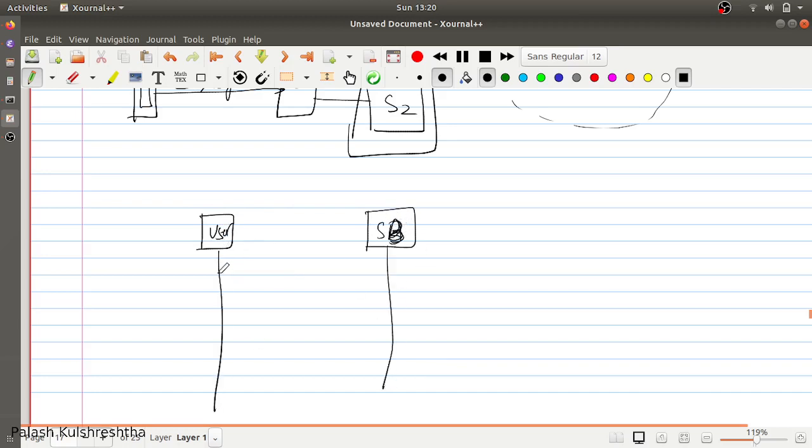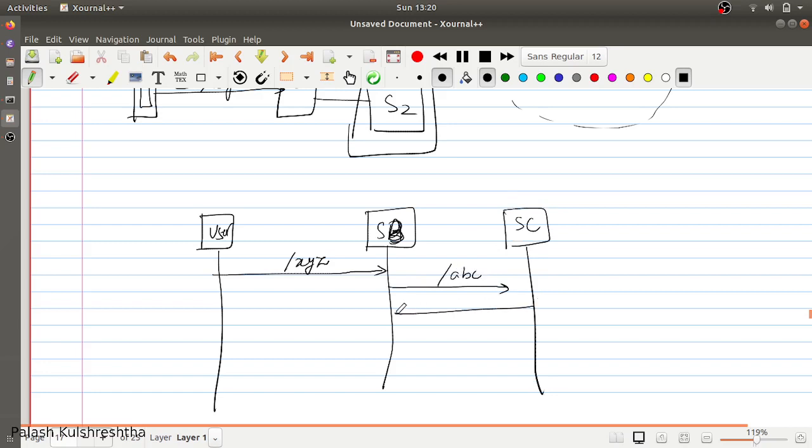So the user calls /XYZ, then service B calls the /ABC API of service C. Its response comes, and service B does some computation. For example, it takes 5 milliseconds to do some computation on the response of the ABC API call, and then service B returns the response for /XYZ.